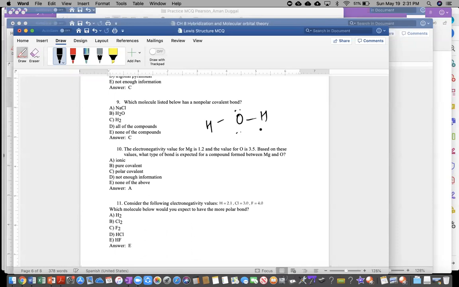Polar. What makes you think that? How do you find a polar or nonpolar bond? Because when we learn Lewis structure polarity, we look at two things. One is whether the bond is polar or not, and then we look at symmetry. This question is not about symmetry. This one is just asking whether the bond is polar or not, not the molecule.